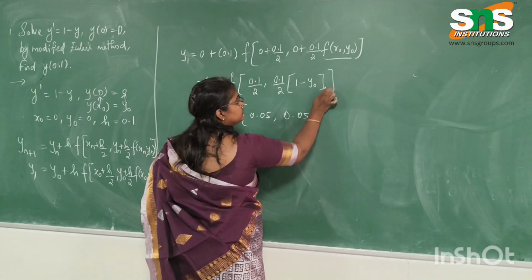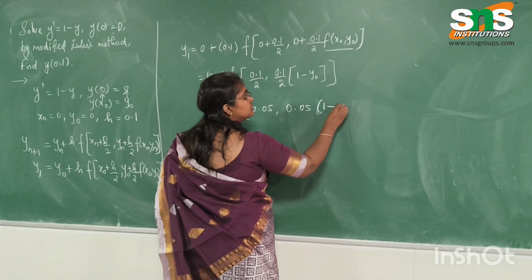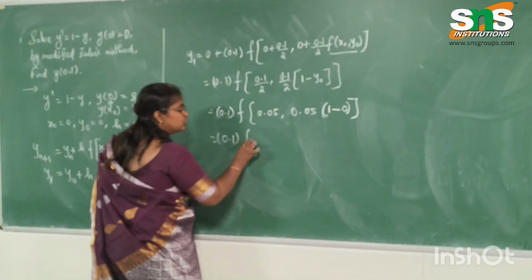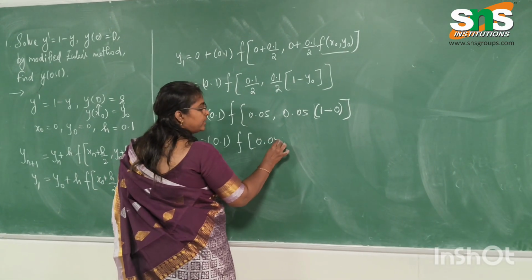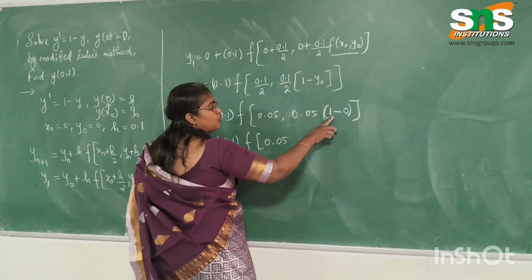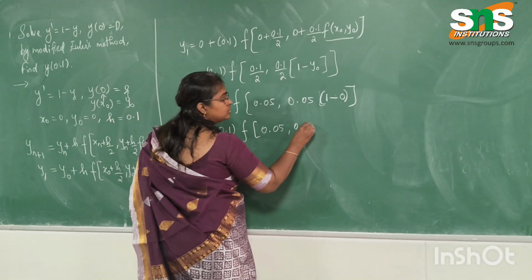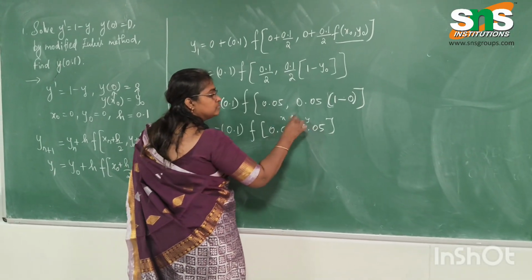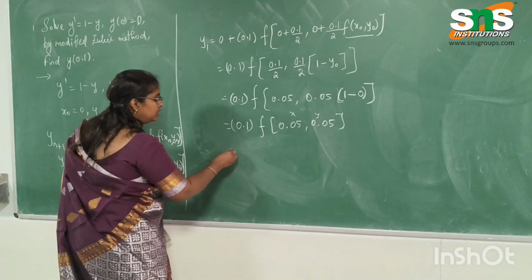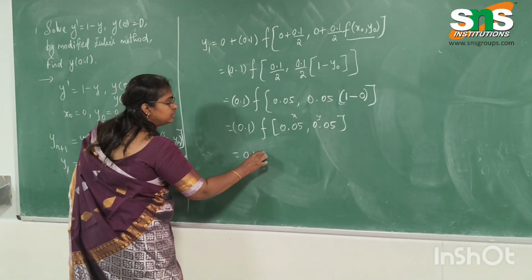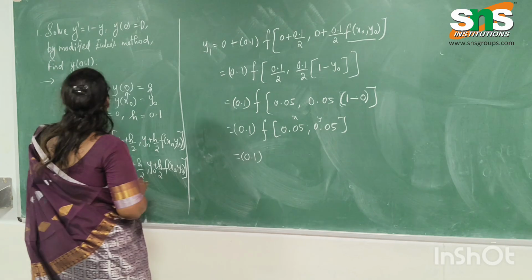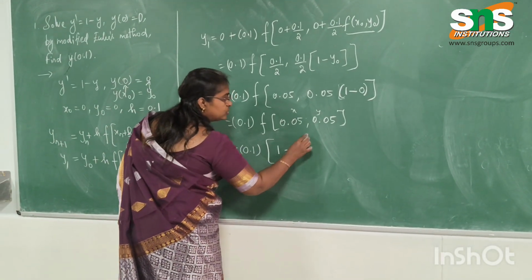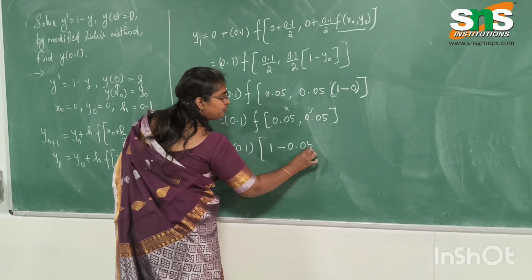0.05 into 1 minus y naught, where y naught value is 0. So 0.1 into function of 0.05, and here 1 minus 0 is 1, 1 into 0.05 is 0.05. So again I got the function of x comma y in this format. Next I replace the function for this term, 1 minus y, where the y value is 0.05.